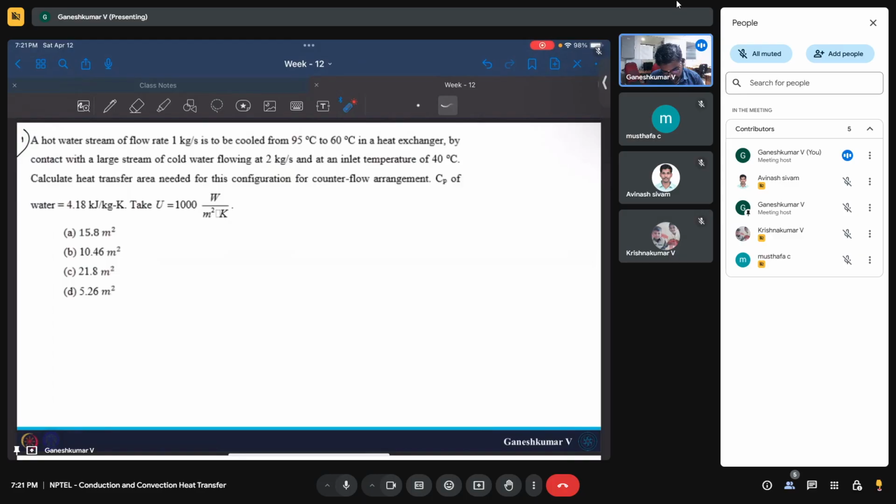Now, you're asked to calculate the heat transfer area needed for this configuration, and they have also given it's a counterflow arrangement. So probably I can draw a schematic so that you can understand.